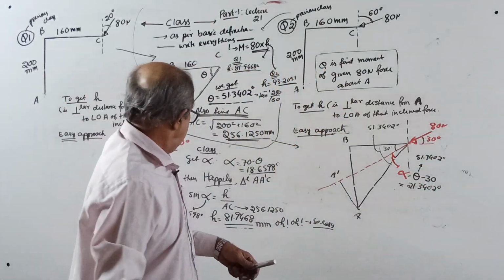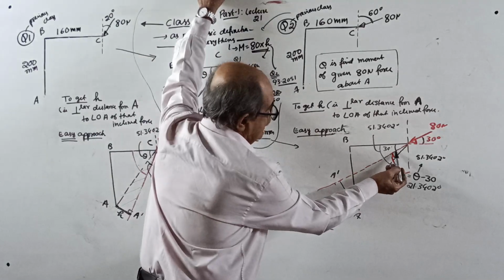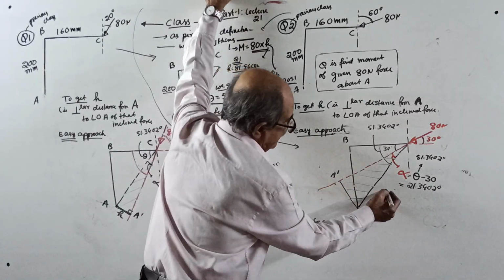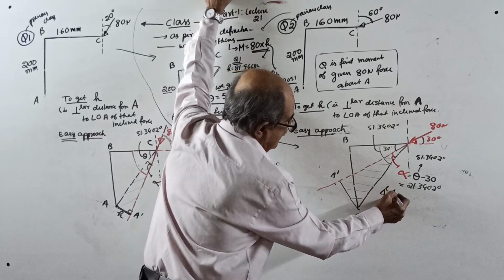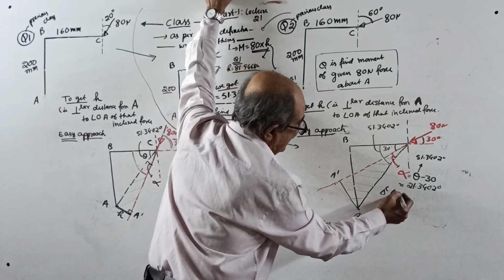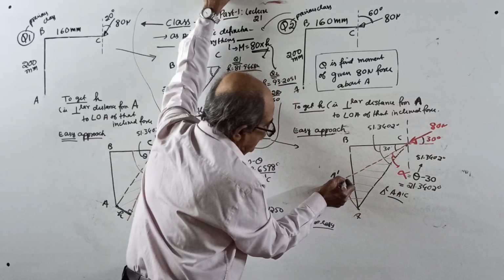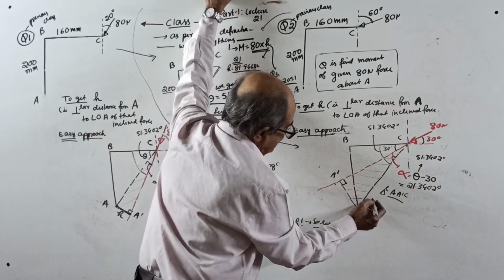Now happily consider this triangle, triangle A dash C, which is a right angle triangle. This is perpendicular, right here.